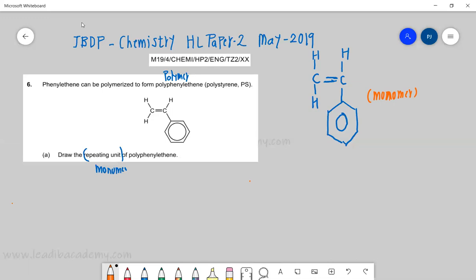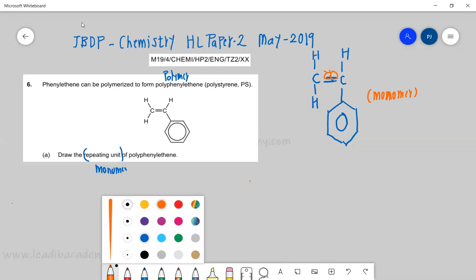Understand the logic: one of the double bonds, that means the pi bond, is going to open, and we will get a structure like this.